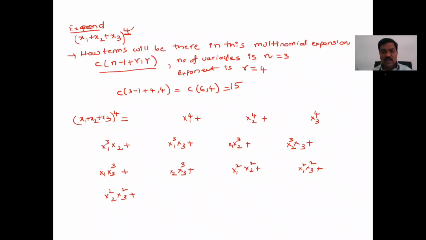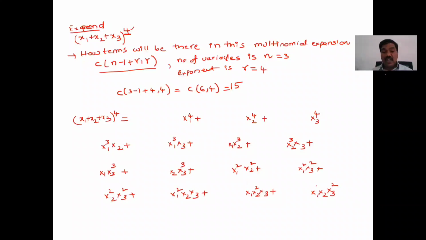I think all possibilities of two square terms are over. Then other possibilities, one square term and two single terms. So what are they? It is x1 square, x2, x3. Am I right? Then x1, x2 square, x3, then x1, x2, x3 square. Okay.